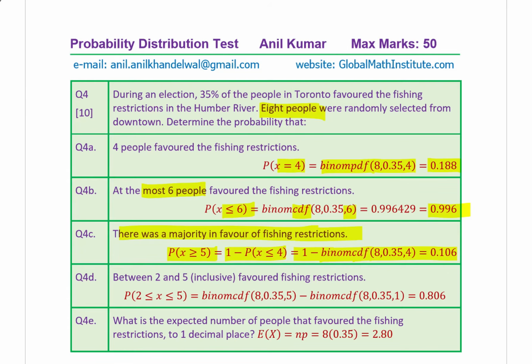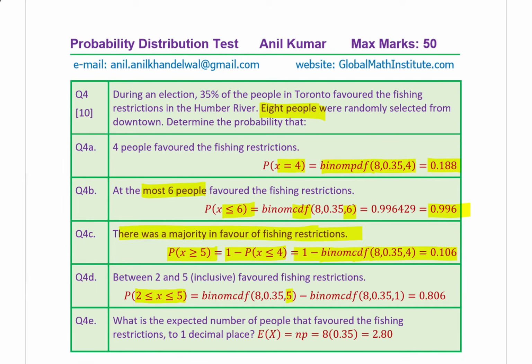So we are actually discussing all these answers in short so that you have the solutions at least, not just the answers, right? Okay, now part D is between 2 and 5, both inclusive, favored fishing restrictions. So between 2 and 5 means that we could use this cumulative distribution function twice, and so we have the probability between 2 and 5.